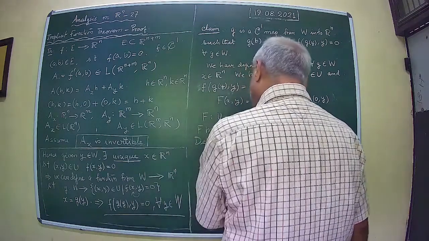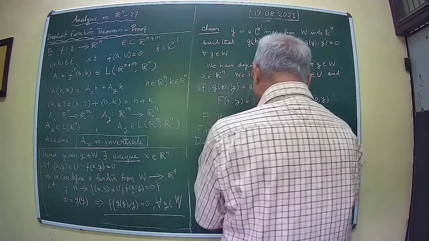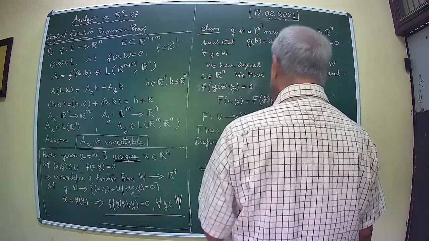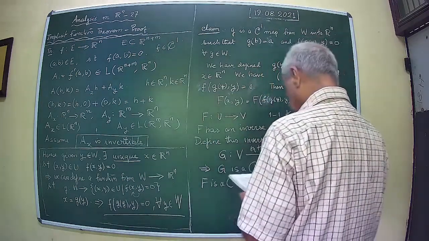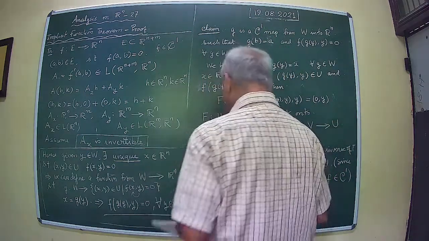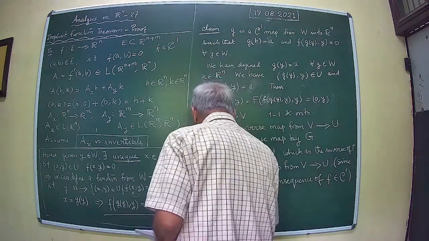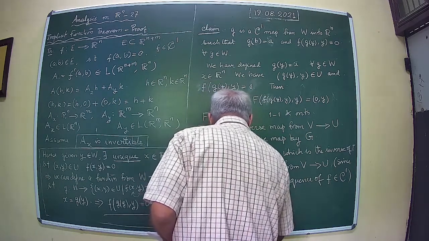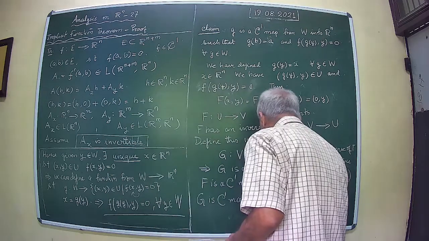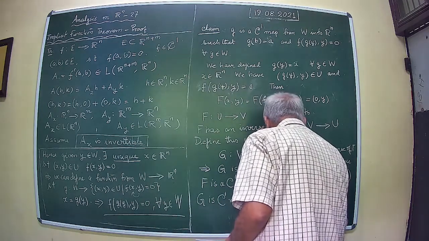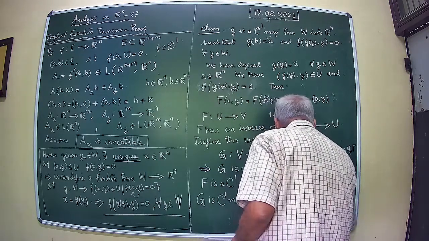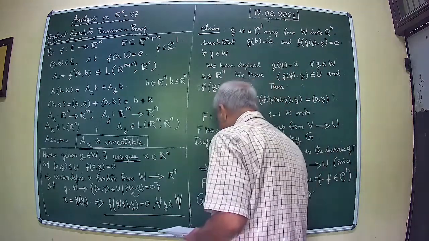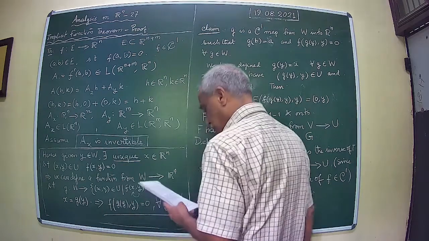Now, what about, okay, G is a C1 map. So let us write down what G is. Right. So we claim G is, so what about G? G is acting over 0Y.